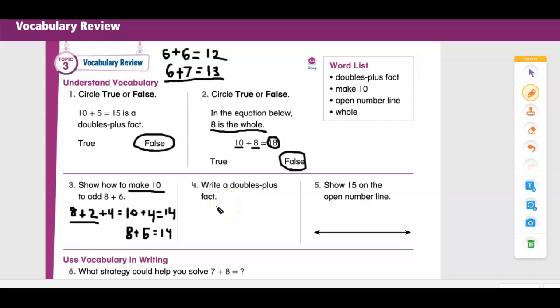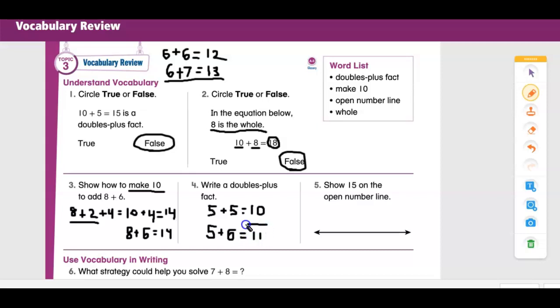So for example, if I were to use the doubles fact 5 plus 5, a doubles plus fact or near doubles fact that I could write for this would be 5 plus 6. Because I know my doubles fact 5 plus 5 is equal to 10. So 5 plus 6, well 6 is just one more. So I know my answer will be one more.